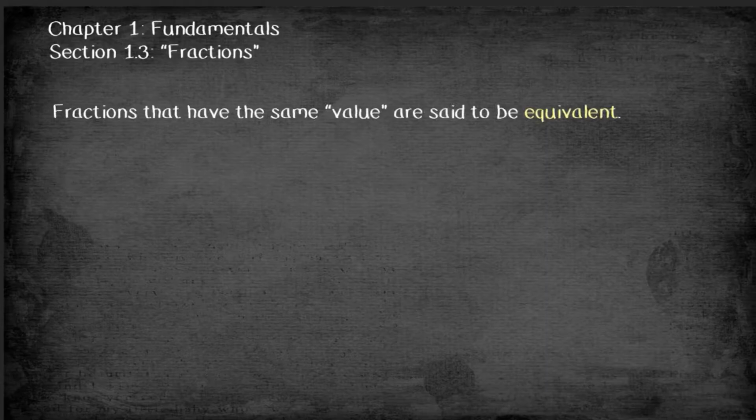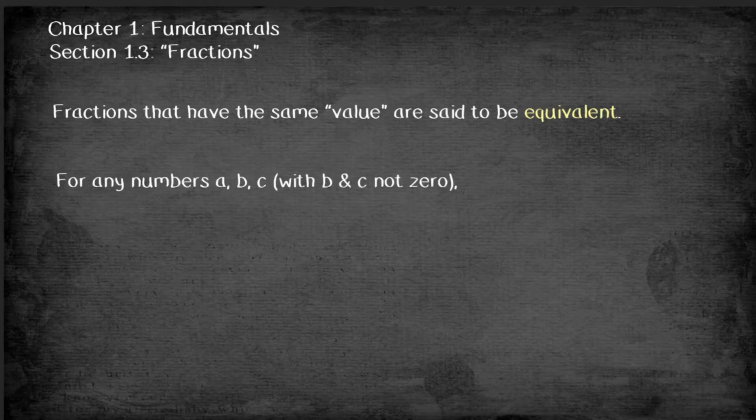All right, so next up, we have this notion of equivalent fractions, basically two fractions that have the same quote-unquote value. So for any numbers a, b, and c, with b and c not equal to 0, the fraction a over b is equal to a times c over b times c.